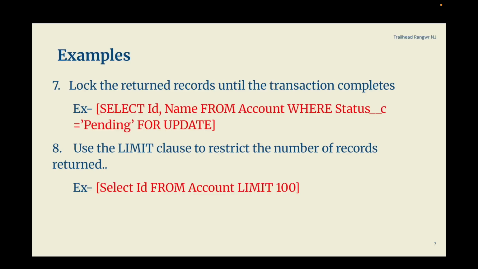So what you can do is use the FOR UPDATE keyword to lock these records. In this query, the accounts which we are fetching having the status of pending will be locked whenever we are working on this query, otherwise they are open to any change from anywhere.